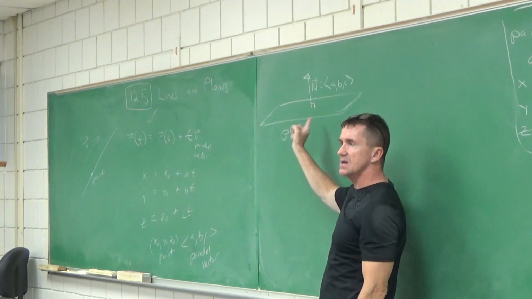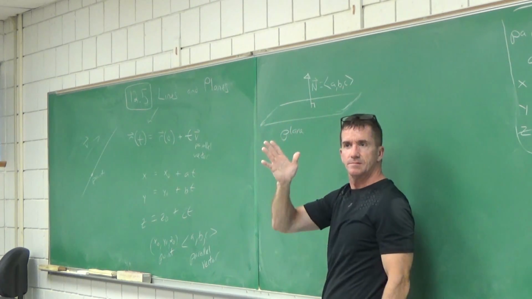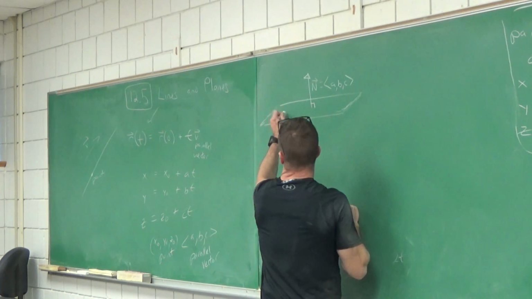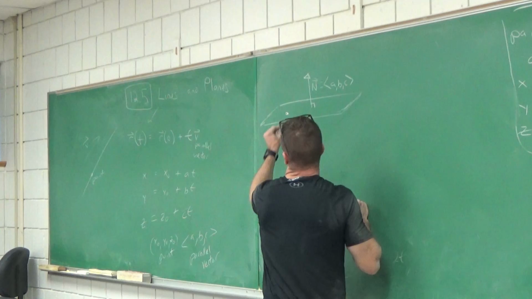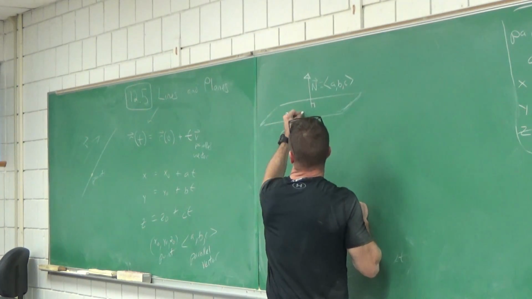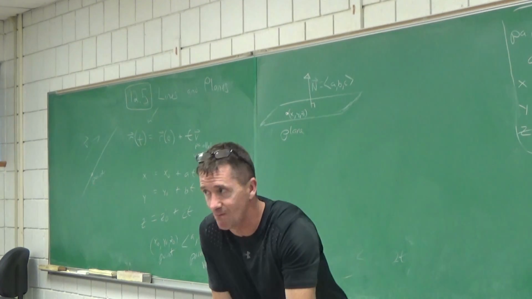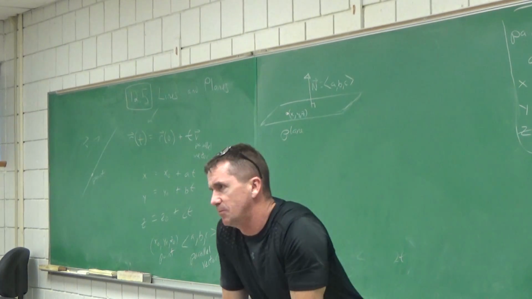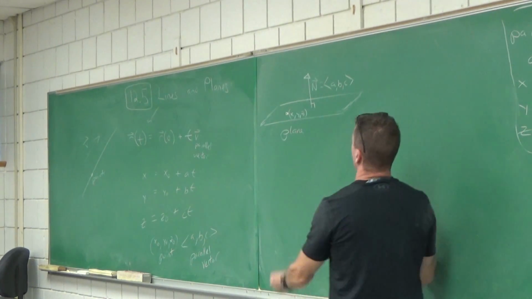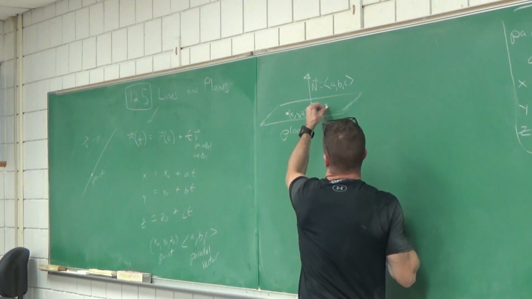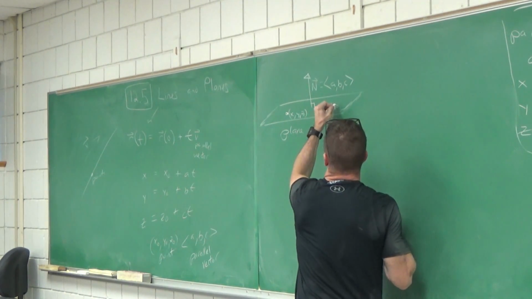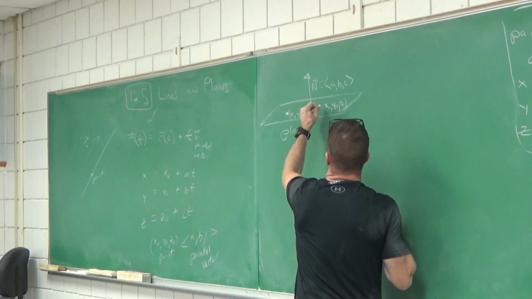And I'm just going to stick 2 points in this plane. Here's a point. How about x, y, z? Will that work? Sure, there's a point in the plane. So we're deriving the equation of a plane. I'm just going to pick another point that's sitting in that plane. I don't know, how about x naught, y naught, z naught.